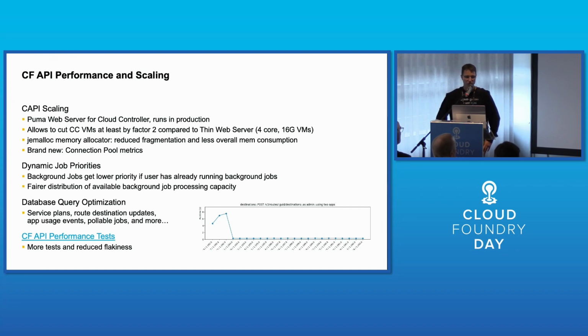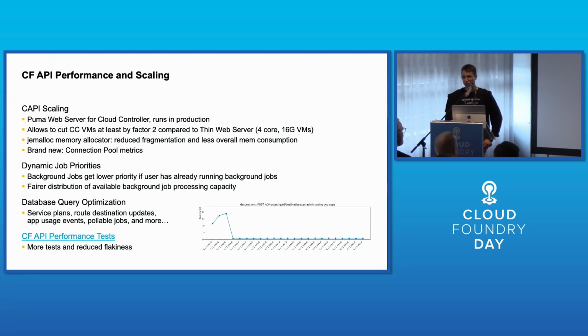So that's a nice side effect, and probably we can even reduce further, but we want to observe that for a while in production and check the metrics. The memory savings were actually achieved by adding an experimental option to switch the memory allocator on the cloud controller to jemalloc. That reduces fragmentation and simply brings down the overall memory consumption, which helps a lot if you run multiple processes on one VM.